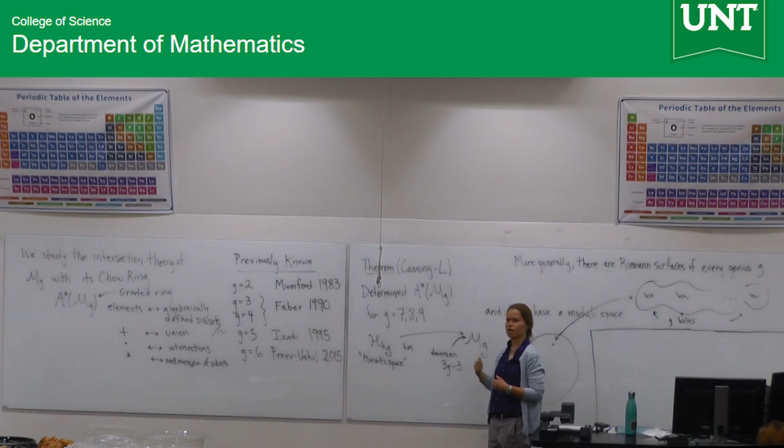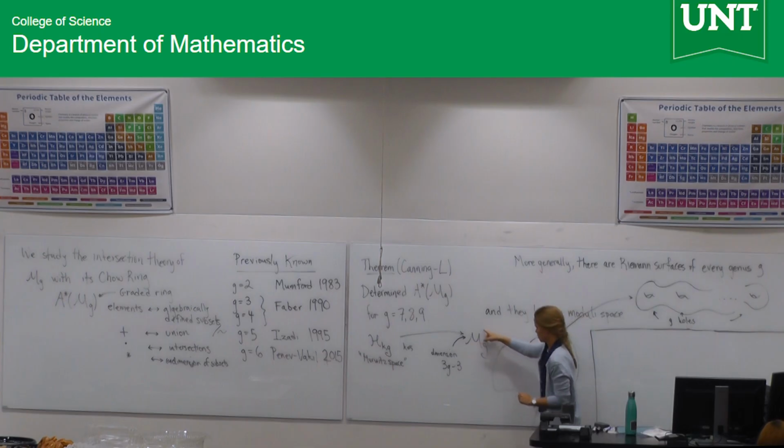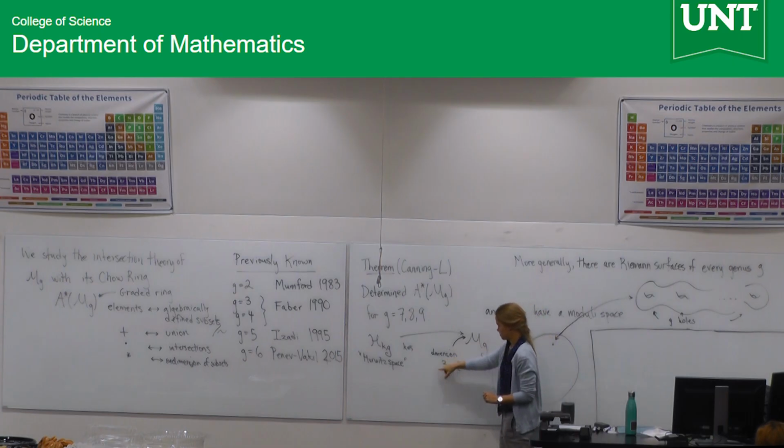It's a single complex number. If you know that J invariant, then you know which elliptic curve it is, which genus 1 Riemann surface, up to isomorphism. Whereas to know where you are in this MG, you would need to specify locally 3G minus 3 different parameters.